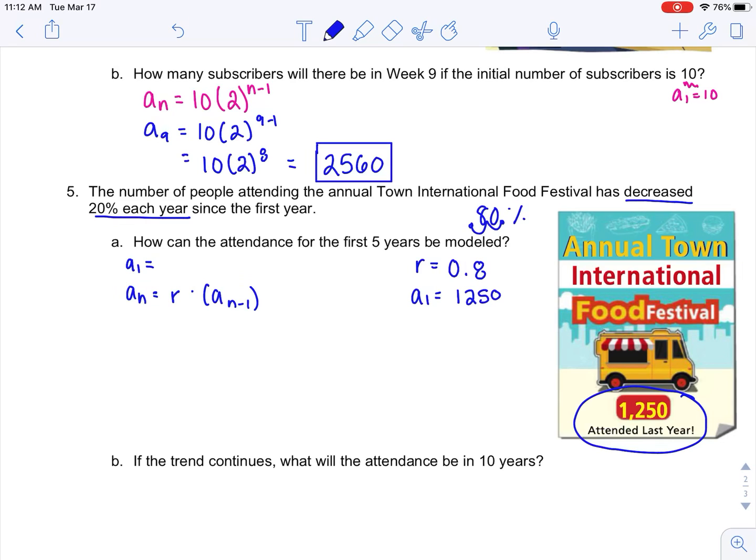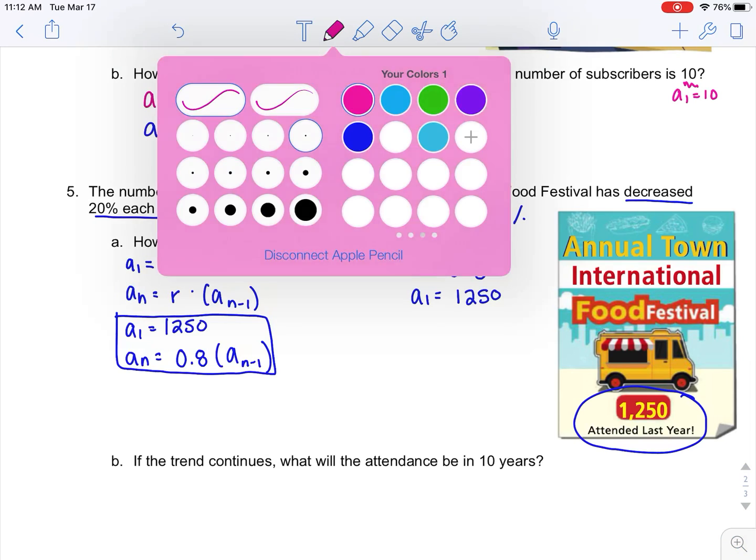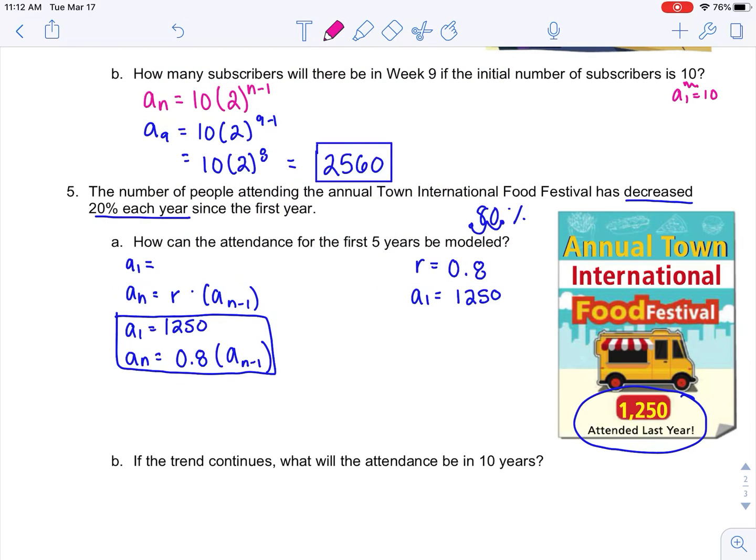That's a_1. So we can write our recursive formula: a_1 equals 1,250, then a_n equals our rate, which is 0.8, times a_(n-1). So that's our formula we're going to use to find the first 5 years.